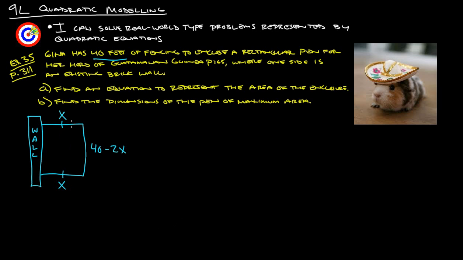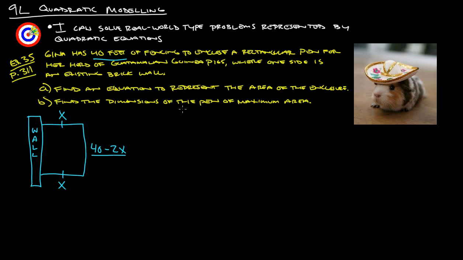For example, let's say each of these sides were 10. To find this side here, I would take 40 minus 10 and 10, which would leave us with 20. If these were 5 and 5, you would take 40 minus 5 and 5. So our formula for this side here is going to be 40 minus 2x, and these 2 sides are going to be x.